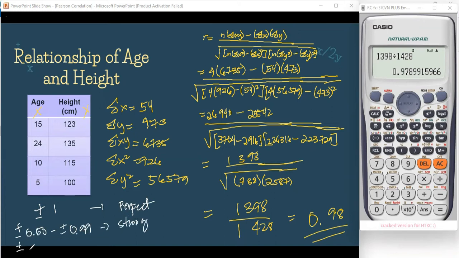Pero kapag positive, negative 0.01 to positive, negative 0.49, that is weak correlation. At kapag 0 naman po, ibig sabihin nito, there is no correlation. Now, my dear students, this is 0.98 and it is positive. So therefore, this is strong correlation. So there is a strong and positive correlation between the age and the height of the respondent.